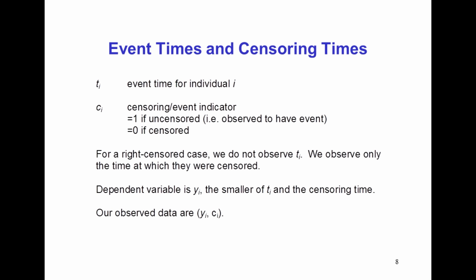So the dependent variable is actually made up of 2 pieces of information. It's the event time plus an indicator of whether the event was actually experienced. And these two people are treated differently in the analysis, the estimate, according to which category they're in. So that's how the censoring is brought in.